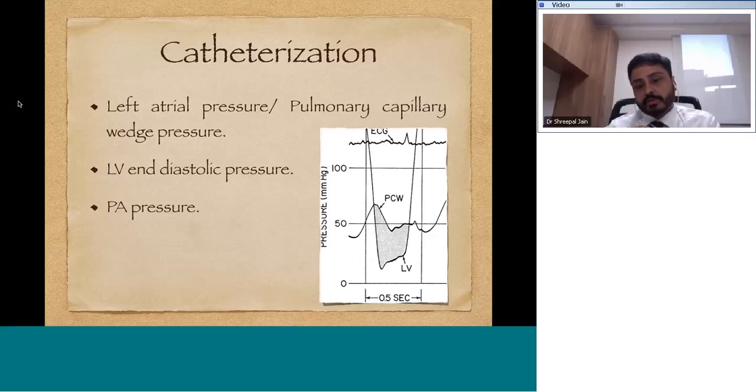The difference between LV end diastolic and the pulmonary capillary wedge pressure usually tends to overestimate the severity of mitral stenosis, especially if you are using a balloon tipped catheter which is being placed quite proximally within the pulmonary artery and not deeply wedged within the pulmonary capillaries.